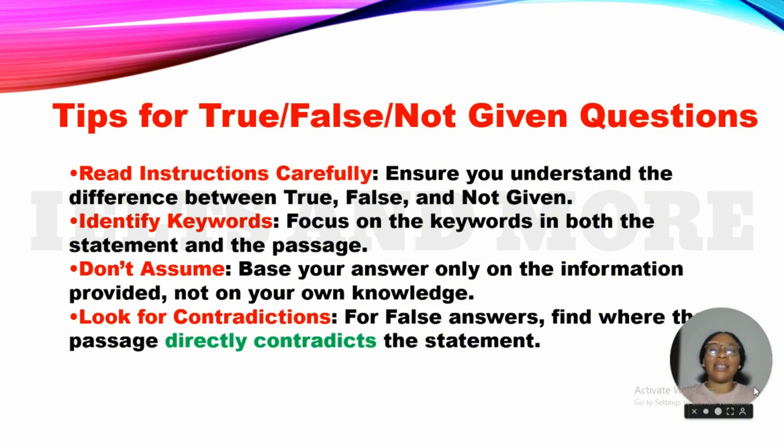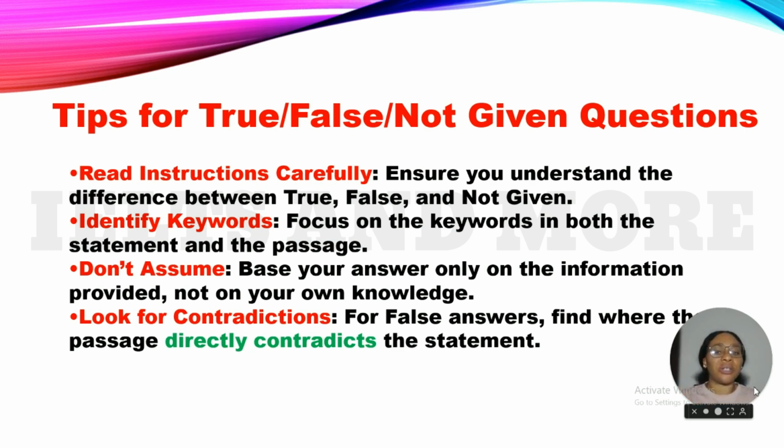The meaning of the statement in the question and the passage won't be exactly the same thing, even though they are talking about the same thing. Please, I know I am really emphasizing and stressing some words because a lot of people have issues with false and they confuse it with not given. But you shouldn't, because not given is literally in the name. It is not given. The information is not provided in the passage.